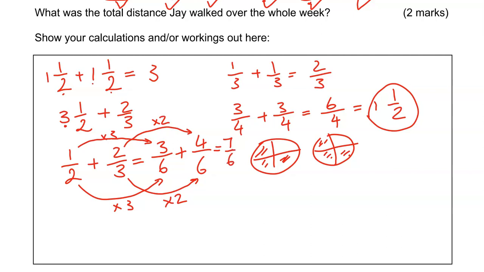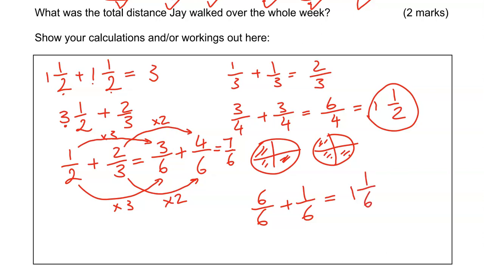7/6. Now before we add it to the 3, we need to convert it into a mixed number. So 7/6, that is 6/6, which is a whole, so that is 1 and a 6th.